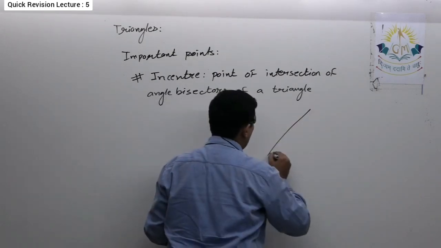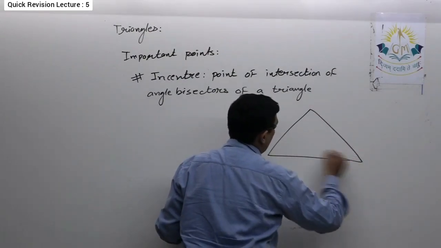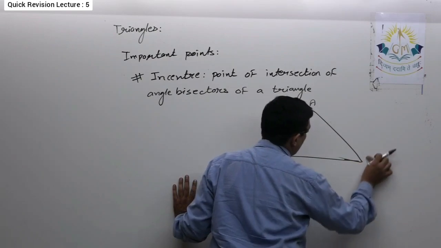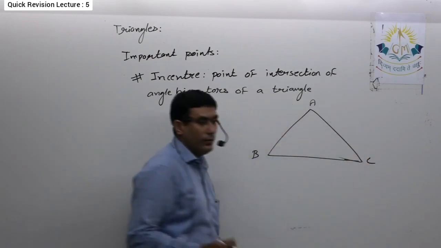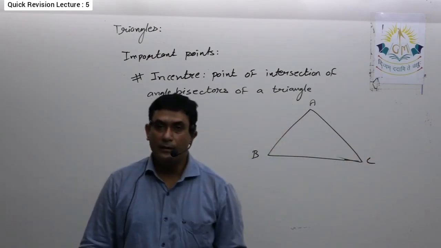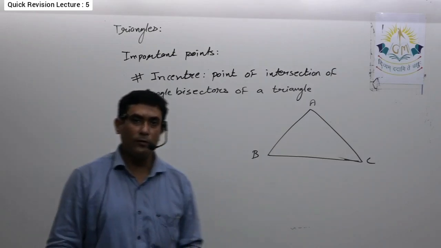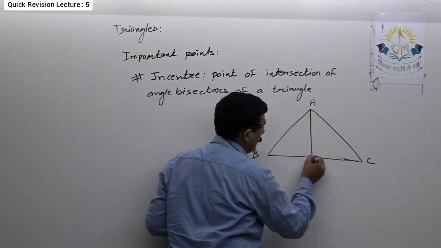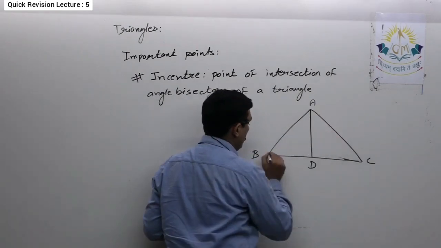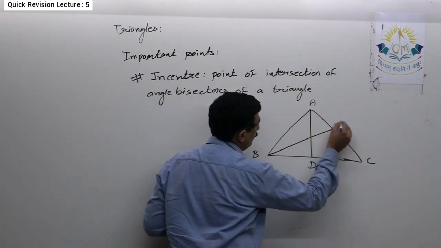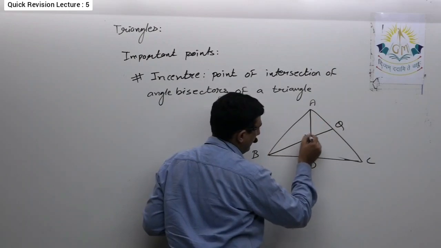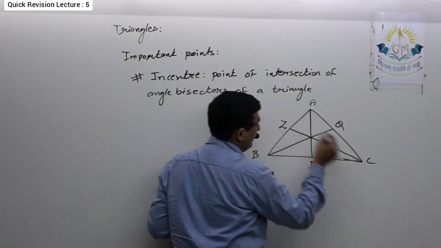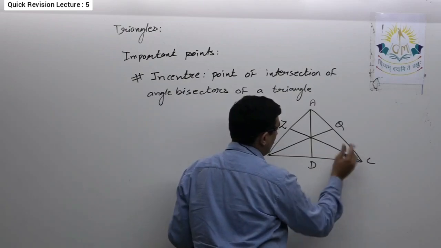For example, suppose this is the triangle ABC. An angle bisector is a line segment, line or ray which divides the angle into two parts of equal measure. Let AD bisect angle BAC, BQ bisect angle ABC, and CZ bisect angle ACB.